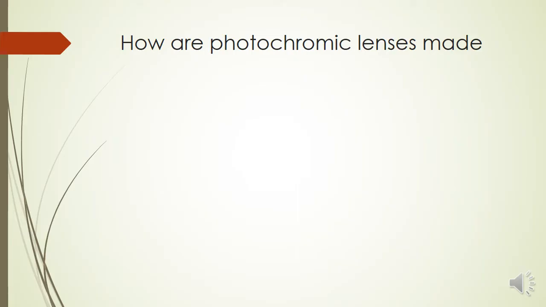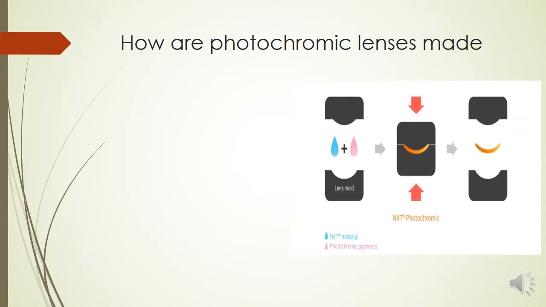Photochromic lenses can be made with a few different techniques. The first is called the in-mass technology. Here we take a mold in which we add the lens material as well as the photochromic pigment, and they are mixed completely and cast into a mold in the shape of a lens.